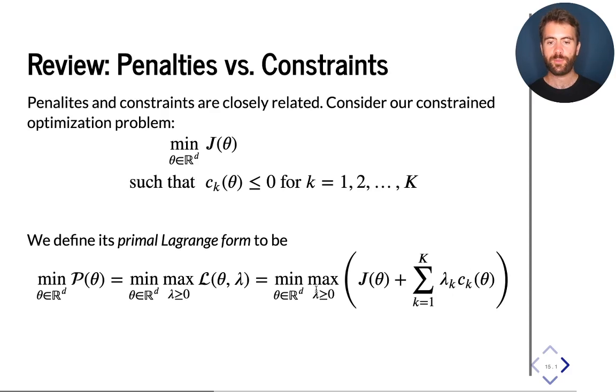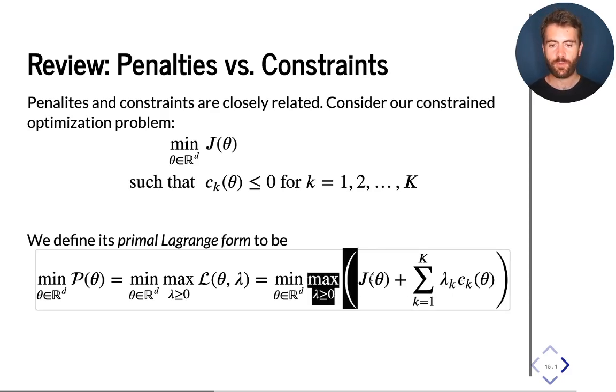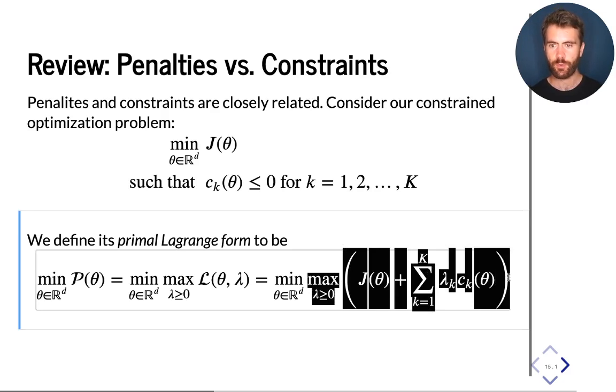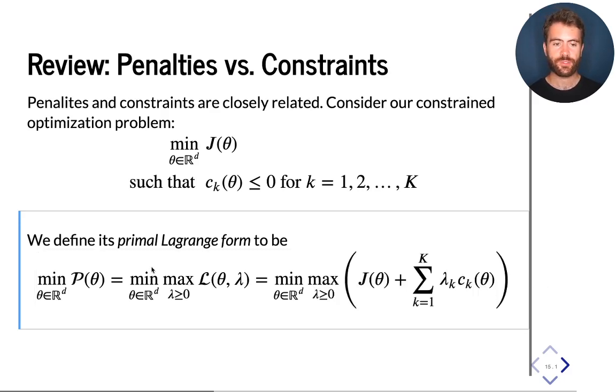We're minimizing a function of theta, but this function of theta is now itself an optimization problem over the lambda. We have seen that the solution to this problem, the minimum of the primal Lagrange form, is the same as the minimum of this constrained objective function.